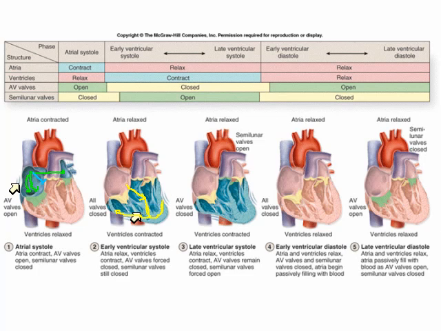At that point in time, this is all happening all at once, the ventricles begin to contract, and as they begin to contract, again, the AV valves are closed, but we see that the semilunar valves are now open.